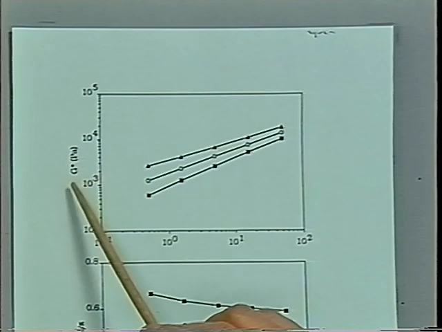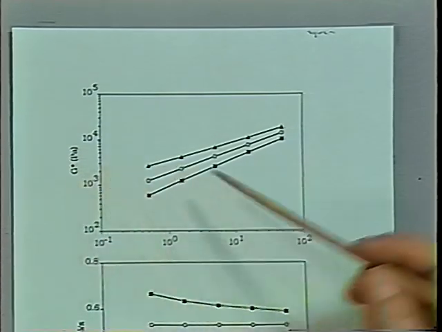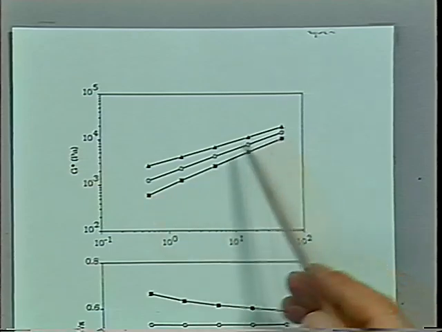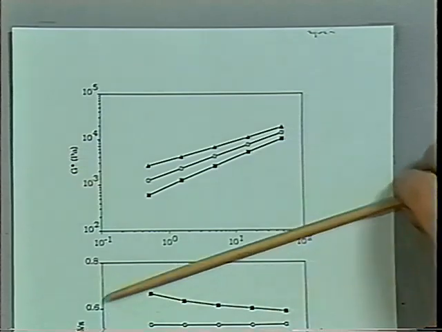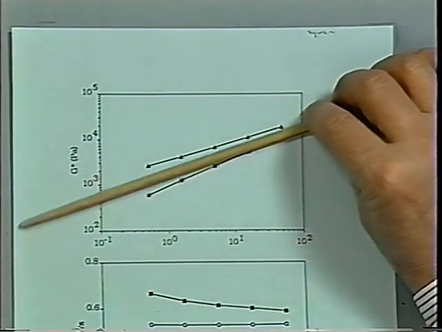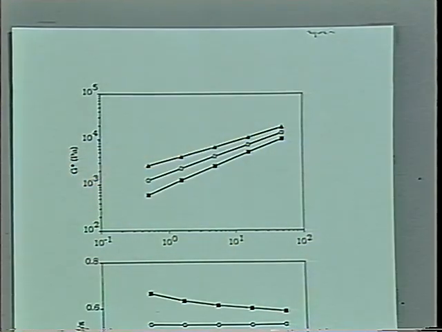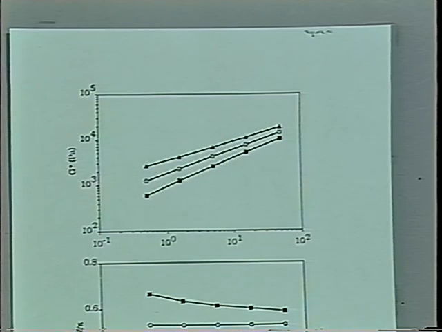Look at the modulus of a material which goes through the gel point. This is a little before the gel point. This is at the gel point. This is beyond. It's very hard to distinguish any power law behavior at different times. We wouldn't know which one is the material at the gel point, which is the sol, which is the gel.